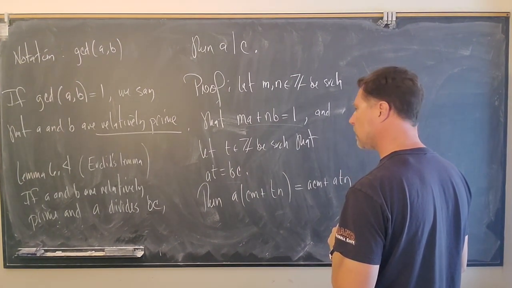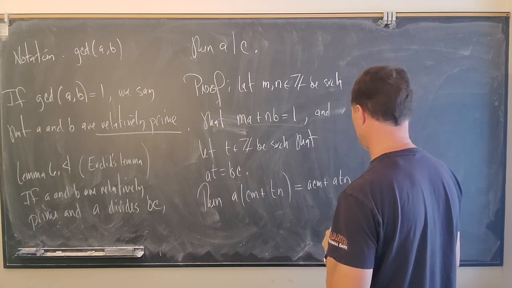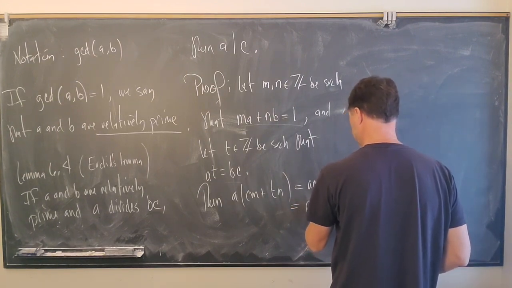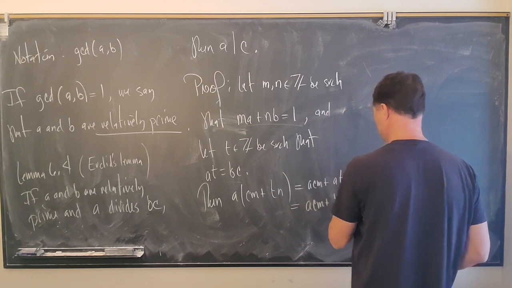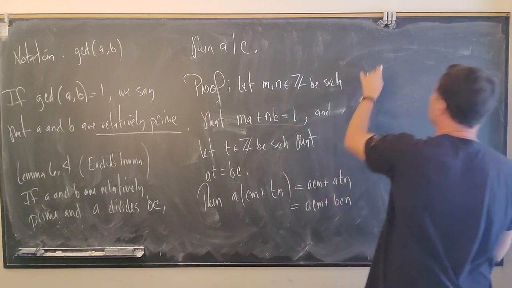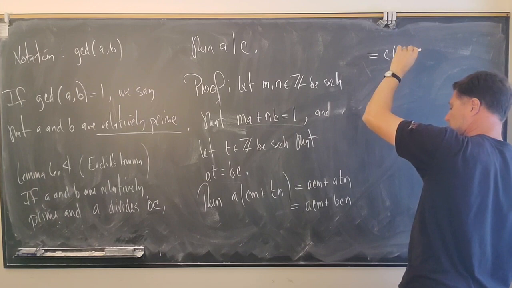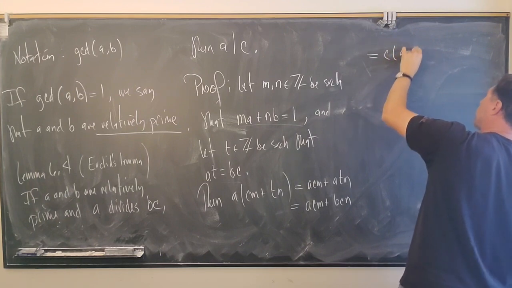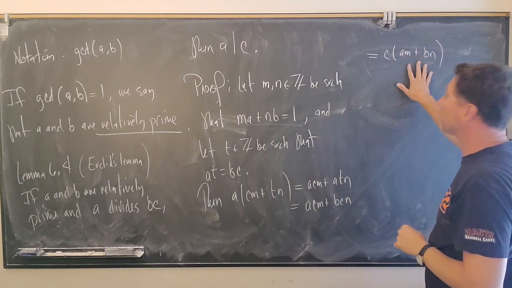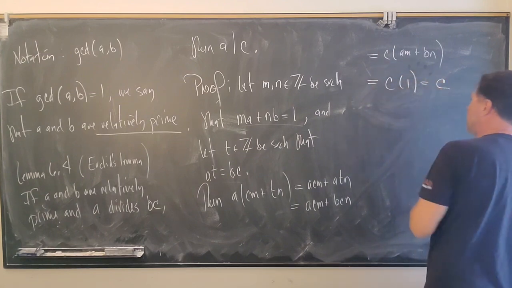And then, let's see, what do I know? AT is equal to BC, so this is ACm plus BCn. And then if I factor a C out, let me write it up here. So this will be equal to C times (Am plus Bn). But what do we know about what's inside the parentheses? That's equal to 1. So this is equal to C times 1, which is equal to C.